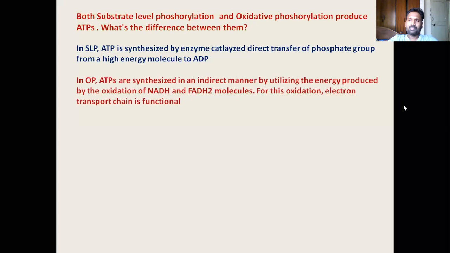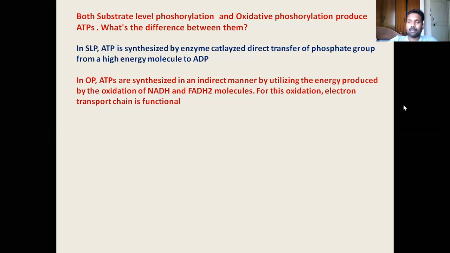On the other hand, what is oxidative phosphorylation? Here, ATP is not synthesized by direct phosphorylation, from direct combination of phosphates to ADP. Rather, how is it synthesized? It's in an indirect manner by utilizing the energy produced by the oxidation of two coenzymes, NADH and FADH2.